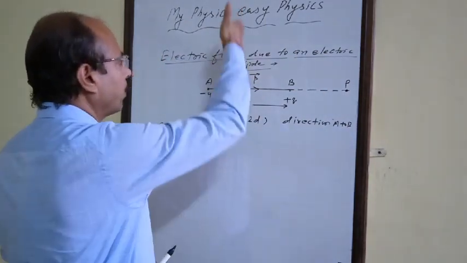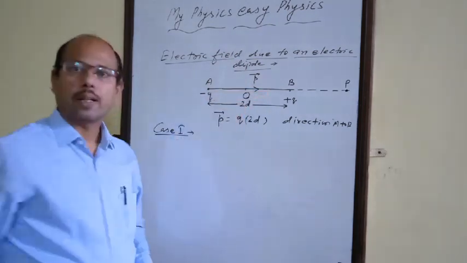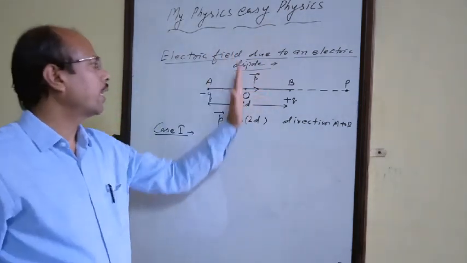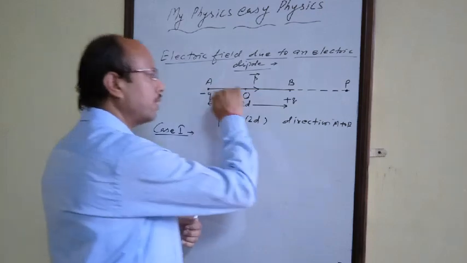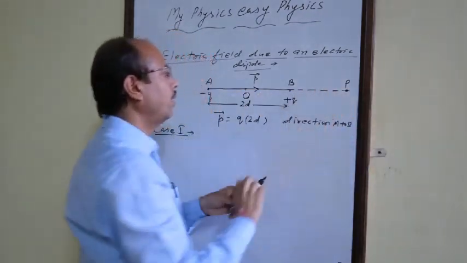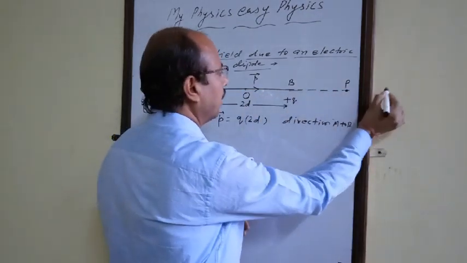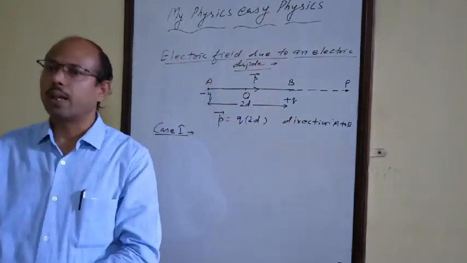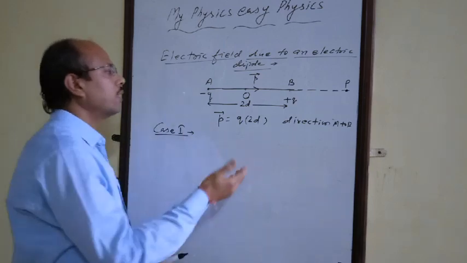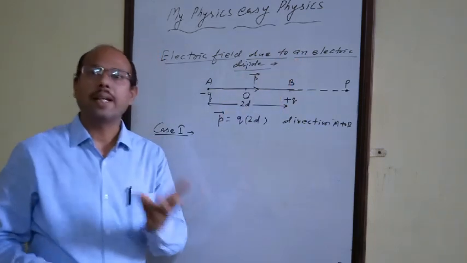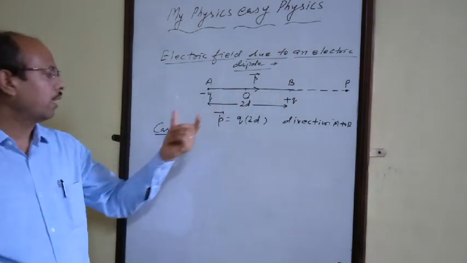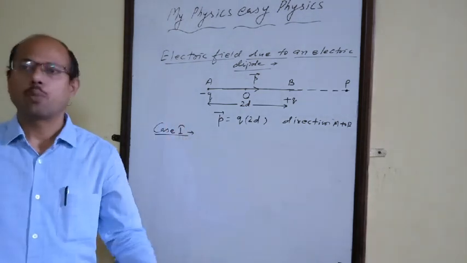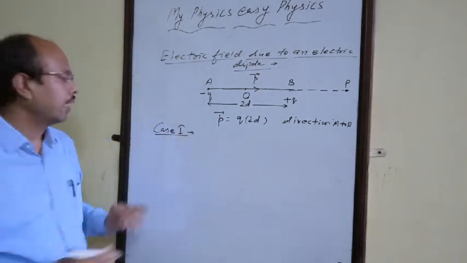The line perpendicular to the direction of the electric dipole moment is known as the equatorial line. First we find the electric field intensity on the axial line, then on the equatorial line, and then we can find the formula for any point also.